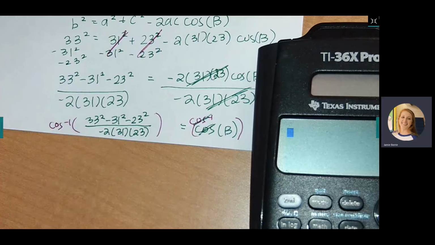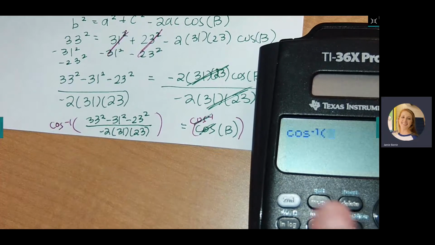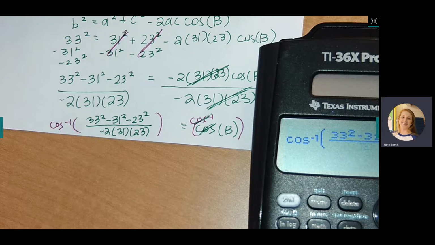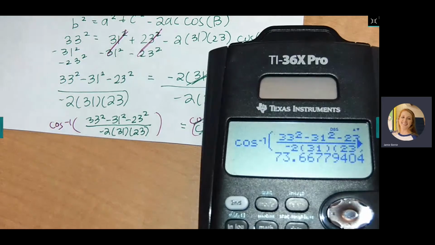All right, so plugging this in my calculator, inverse cosine of 33 squared minus 31 squared minus 23 squared, over the coefficient. So I get 73.